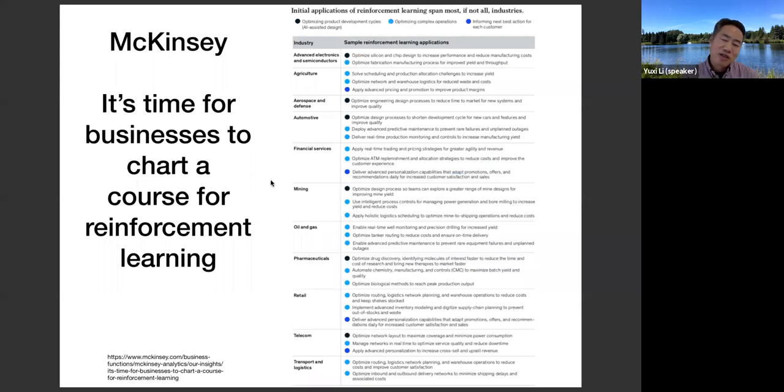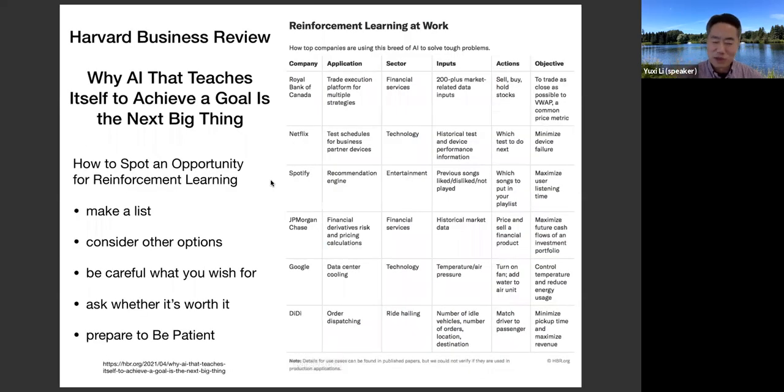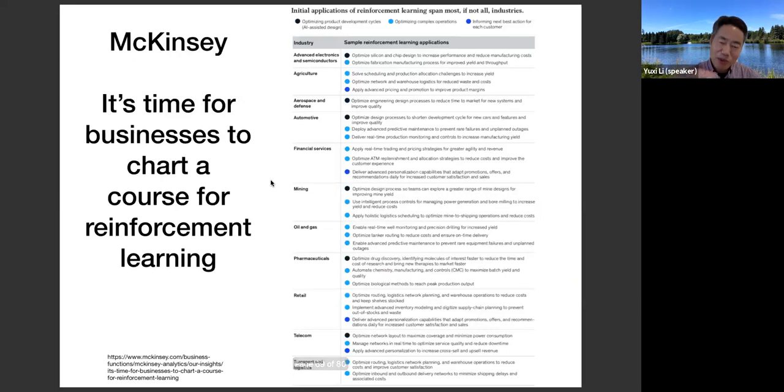I regard this as good news. From, say, McKinsey and from HBR, Harvard Business Review, they are publishing articles about reinforcement learning. They are basically supporting reinforcement learning. So McKinsey has an article titled "It's Time for Businesses to Chart a Course for Reinforcement Learning."